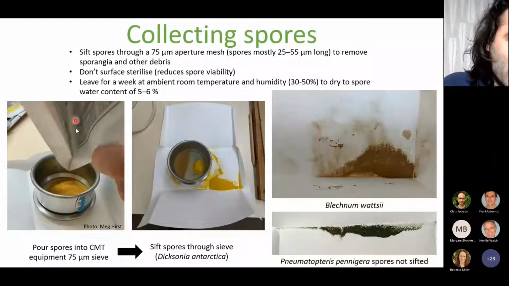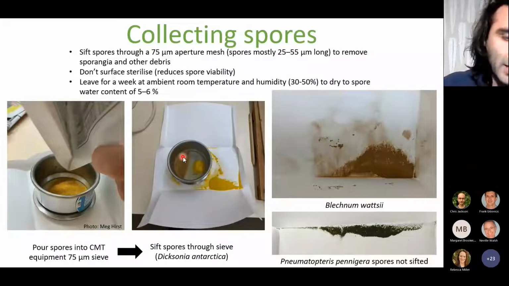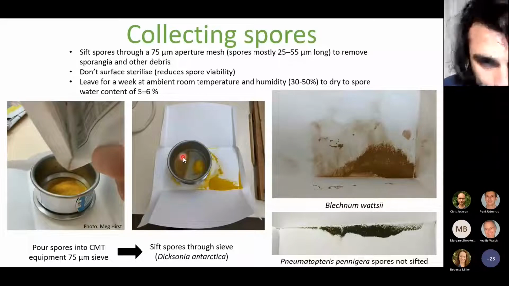So if I just pour the spores and whatever other debris remains from the shed into the sieve here, and then sieve it through, I get this fine powder of spores coming through, and what's left behind is the debris, like the cases that the spores were contained within, the sporangia.